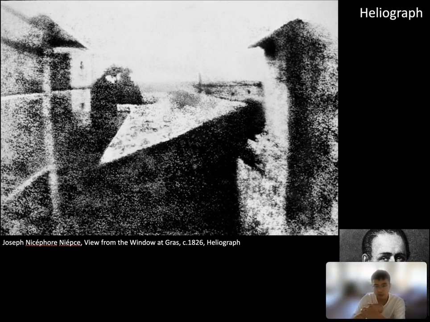And how long do you think the exposure needs to be, for it to have enough light particles to react with the treatment on the silver plate, right? Because you put these things in the dark box, in the camera obscura.